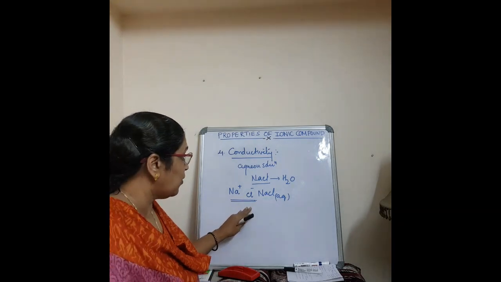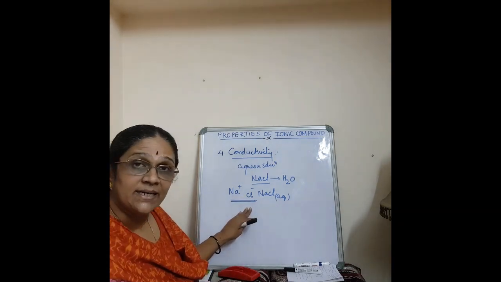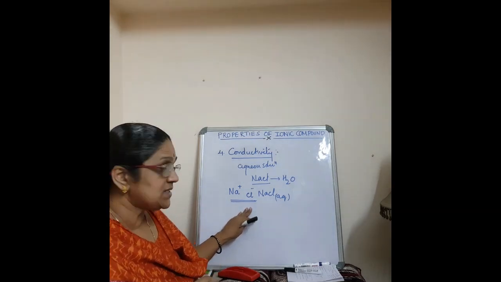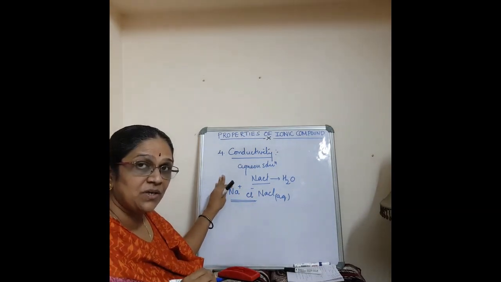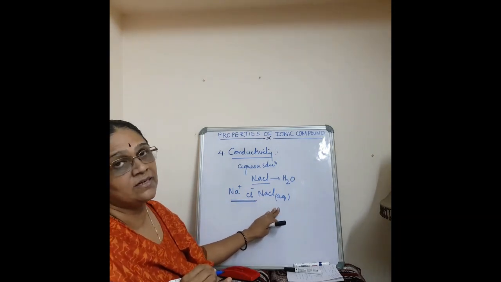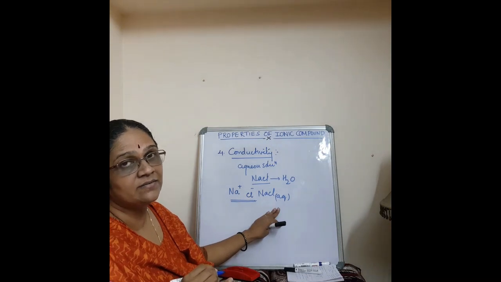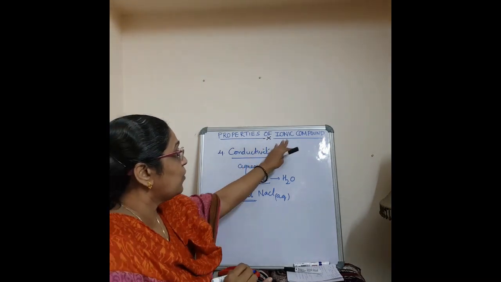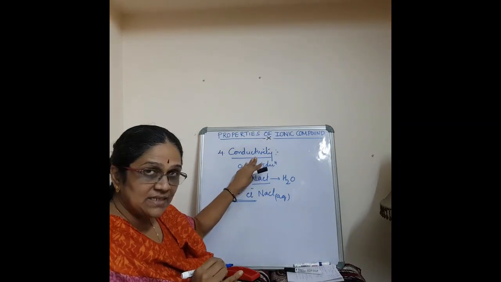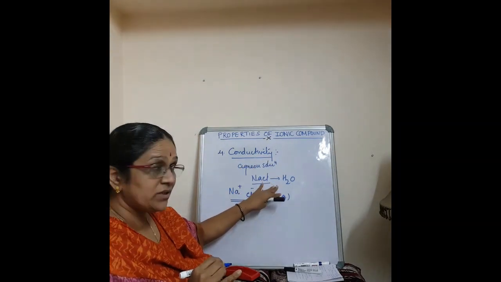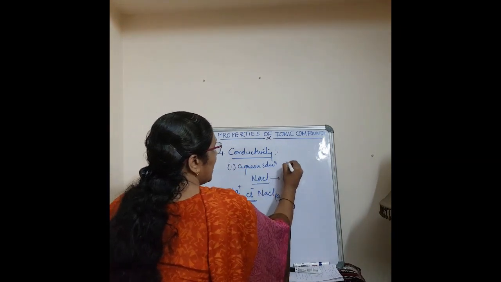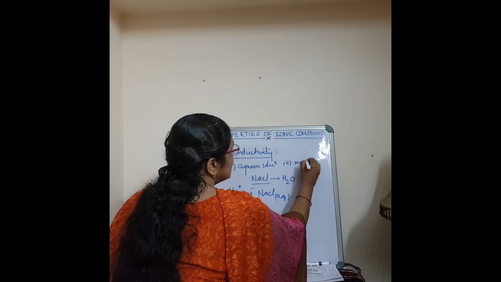And these ions are responsible for the conductivity. Okay, and you know in solutions ions are responsible for conduction, and in metallic conductors electrons are responsible for the conduction. You know that, we have studied earlier. Okay, so the ionic compounds will conduct electricity in two cases. One in aqueous solution and second in molten state.